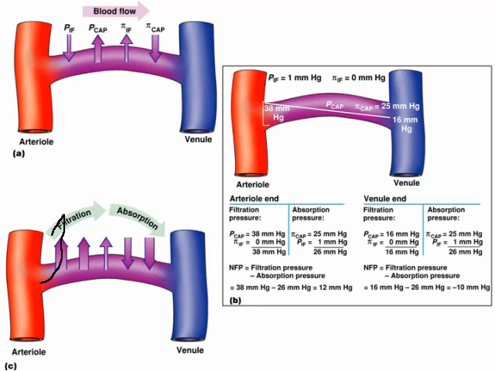As fluid starts being lost due to hydrostatic pressure, there is less hydrostatic pressure. The proteins within the blood become more concentrated, so that by the time we are moving toward the other end of the capillary bed, we now have fairly concentrated proteins and low hydrostatic pressure, which is going to favor absorption.